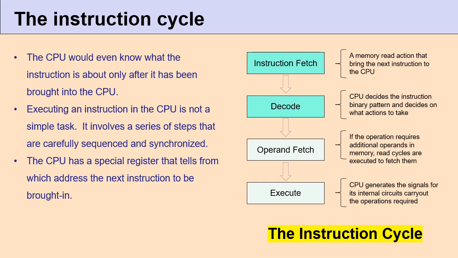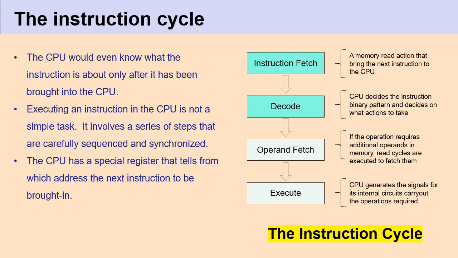On the other hand, some instructions, for example reading from a memory location and storing that value in an internal register of the CPU, or adding that value with something inside the CPU through an ALU, might need multiple operand fetches. It might even need to access the memory multiple times to get that data. That involves multiple memory read cycles, and sometimes even storing results back in memory with a memory write cycle, so the time taken to execute that part can be very variable, depending on the instruction.